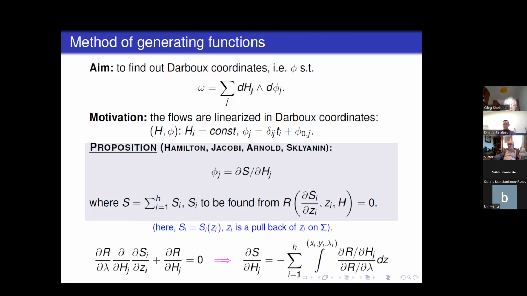The prescription is given by the classics of the separation of variables method, which are Hamilton, Jacobi, Arnold, and Evgeny Sklyanin, who is still present here, I hope.